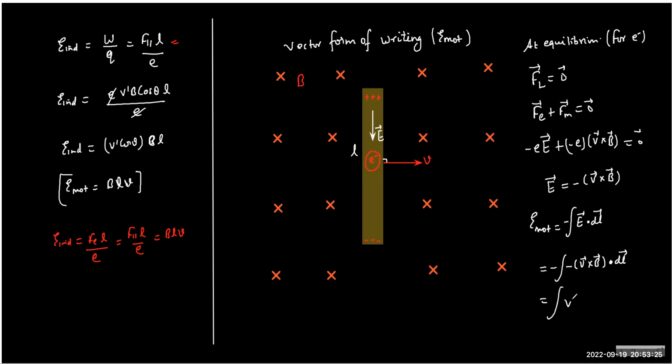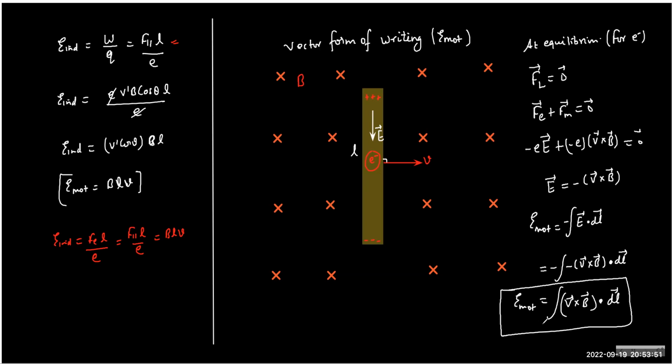And so the formula becomes V cross B dot dl. This is the vector notation of writing. And of course, it's a scalar at the end because we know that potential is scalar. So we have a dot product at the end. So V cross B is a vector, but once you take the dot, it becomes a scalar, right? Yes.